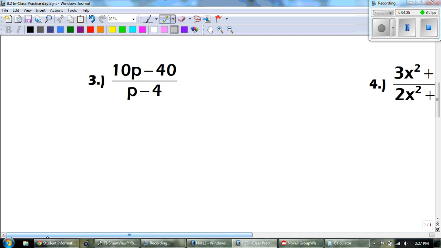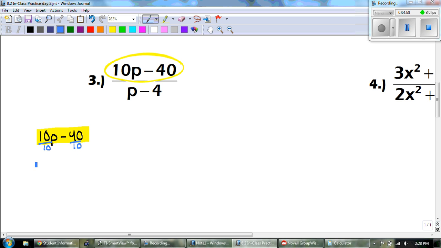All right, let's move on to number 3. So for number 3, the first thing that I notice is that I have to factor that. So we have 10p minus 40. So what's the GCF? Yeah, the GCF is 10.